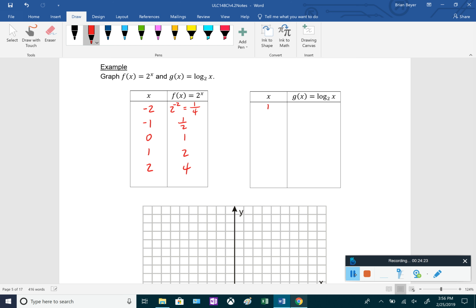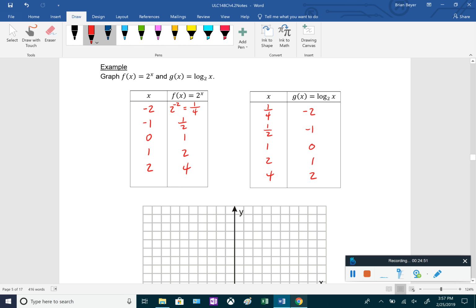So the first one, instead of -2 comma 1/4, it's 1/4 comma -2. Instead of -1 comma 1/2, it's 1/2 comma -1. And then 1 comma 0, 2 comma 1, and 4 comma 2. So it's a nice little shortcut that you can use because they're inverses, because one's a logarithm, the other's an exponential, and they're both base 2.